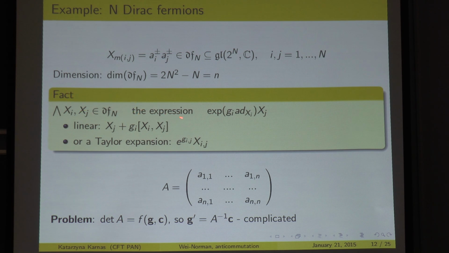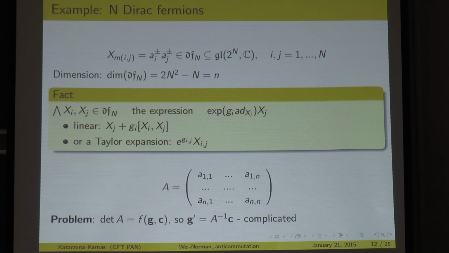The fact is that this expression for the basis vectors is always finite, and it could be either linear, given by this expression, or it can be written as a Taylor expansion that results from the commutation relations between the basis vectors.